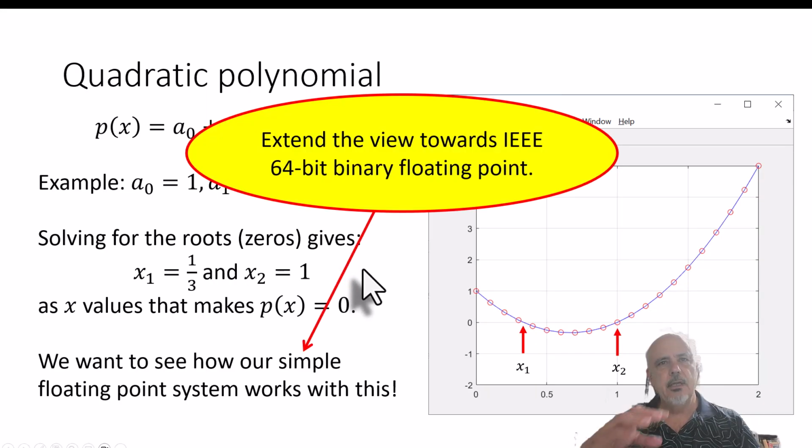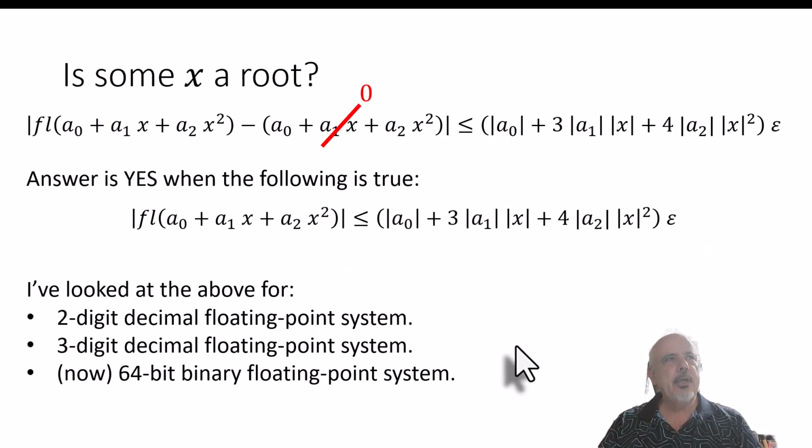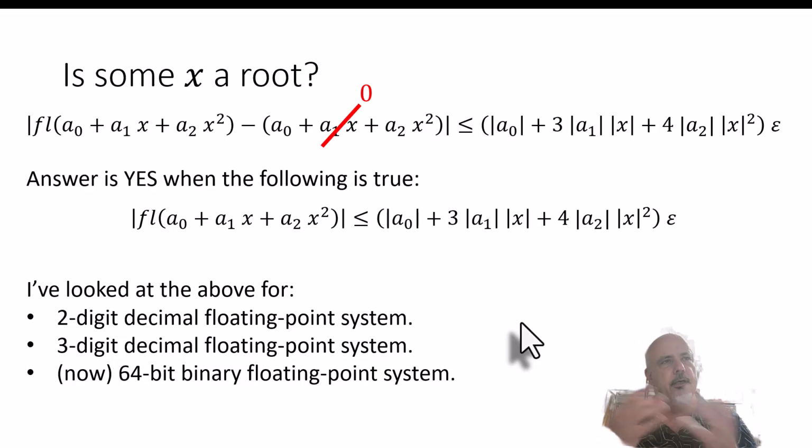We're going to extend our view of that that we had in the decimal floating point system video. We're going to extend that to now looking at that first root here with the 64-bit binary. Okay, so we're wondering whether some given x is a root or not, to within floating point error, and here's the test for that.